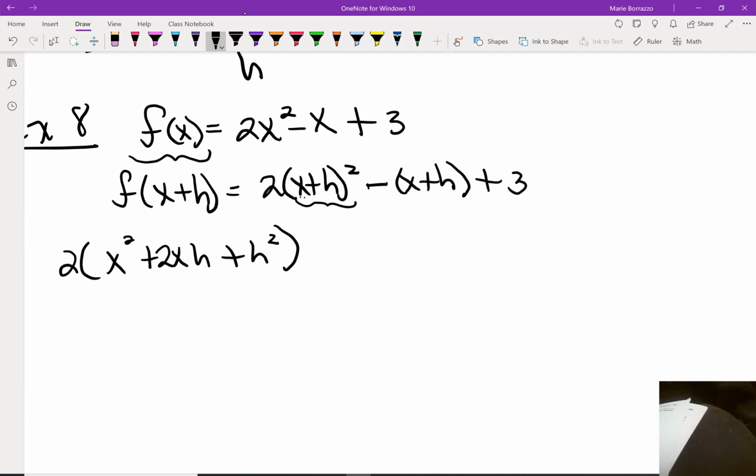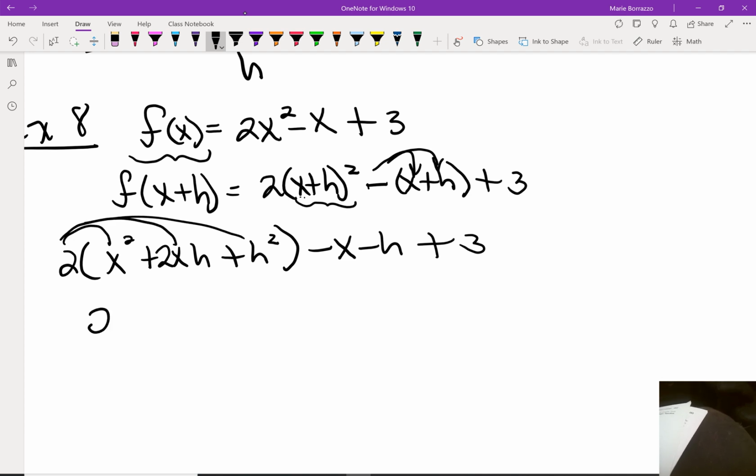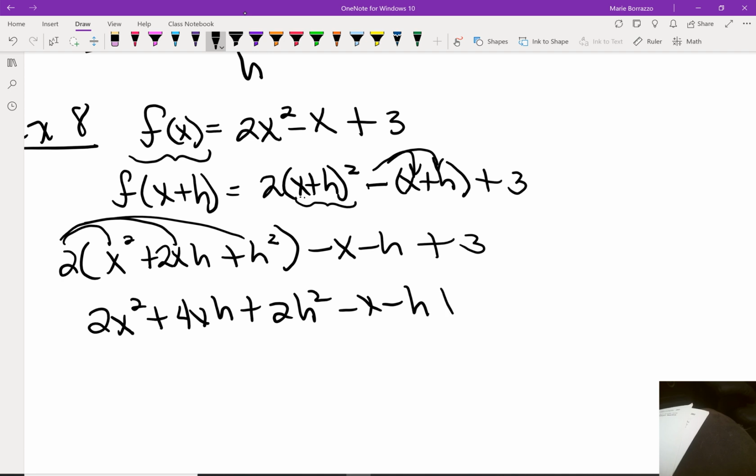And then obviously you can go ahead and distribute your negative, so you get negative x minus h, and then plus 3. You also need to distribute the 2 to all 3 terms. You're going to end up with 2x squared plus 4xh plus 2h squared minus x minus h plus 3.